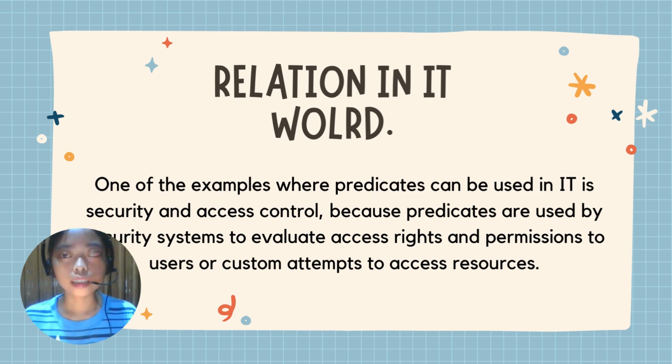When we log in to a Facebook account, we need security like our password before we can access or open our account. That's the example of security and access control as predicates.